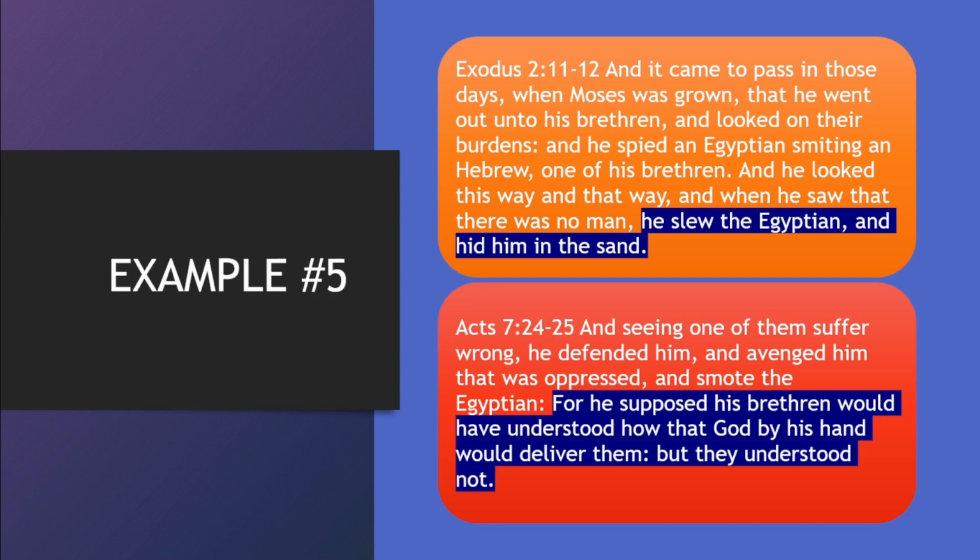But Stephen's account in Acts, as it's recorded by Luke, because Luke is the writer of Acts, gives us the motive, the rationale for the action of Moses. It says here, "For he supposed his brethren would have understood how that God by his hand would deliver them, but they understood not." In other words, what Acts does is provide the motive for the actions of Moses in Exodus chapter 2.